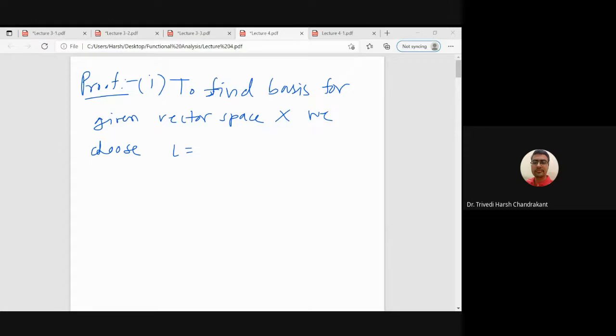If you have a vector space, what is the simplest linearly independent set in that vector space? You take some example if you want. R3. So the standard basis, but that has three elements. Suppose we want only one element.